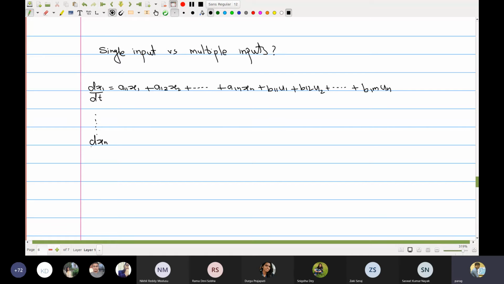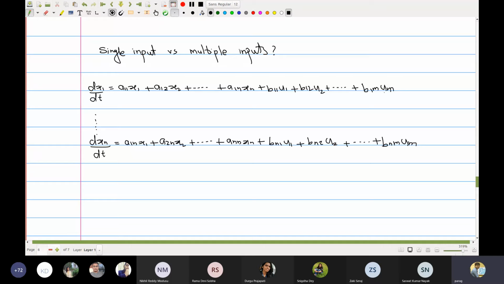So it will be dxn by dt, and this will be equal to an1 x1 plus an2 x2 up to ann xn plus bn1 u1 plus bn2 u2 up to bnm um.